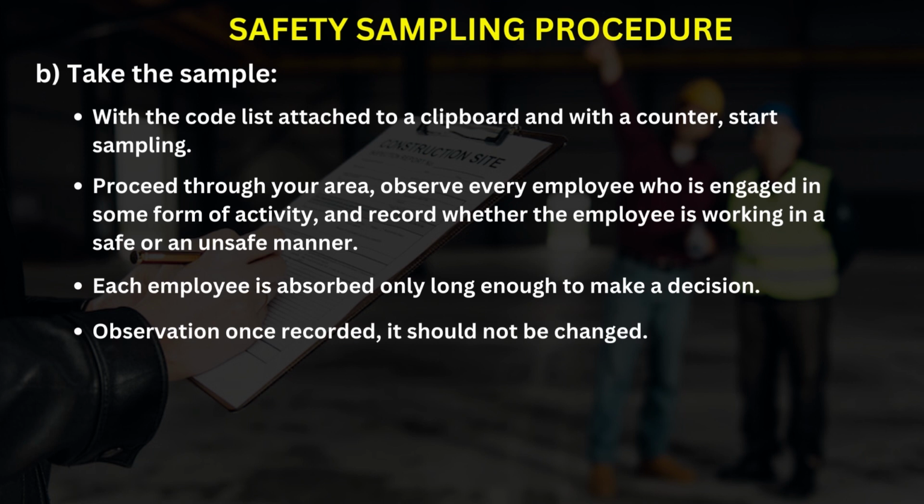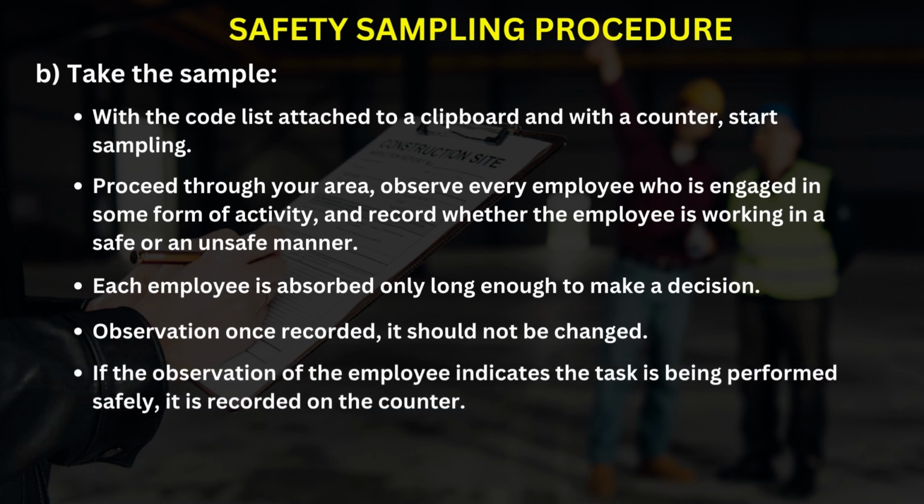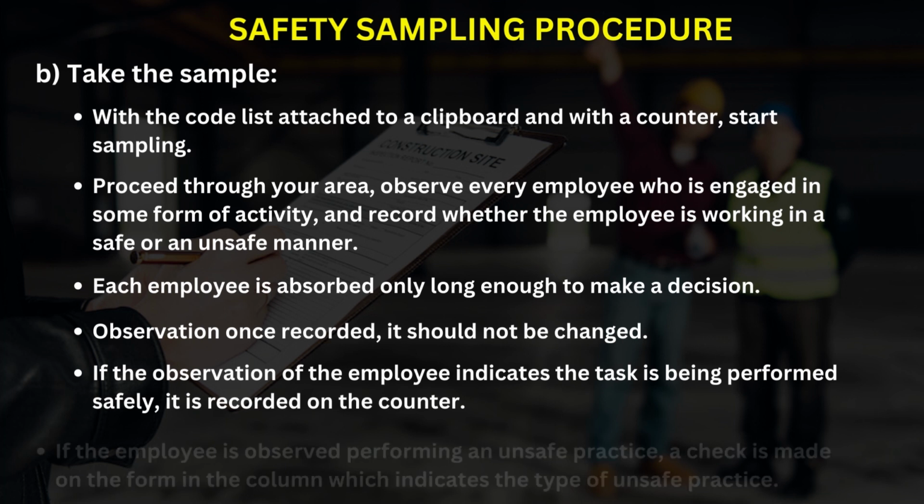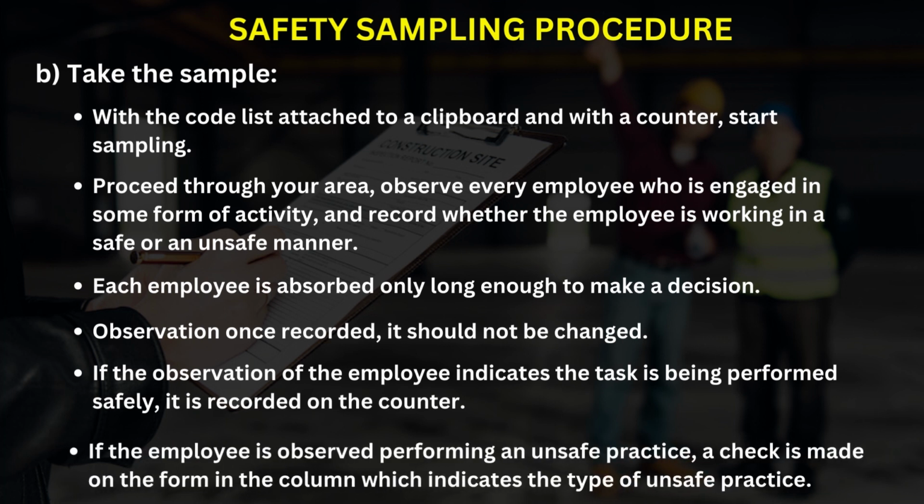Observations once recorded should not be changed. If the observation indicates the task is being performed safely, it is recorded on the counter. If the employee is observed performing an unsafe practice, a check is made on the form in the column which indicates the type of unsafe practice.